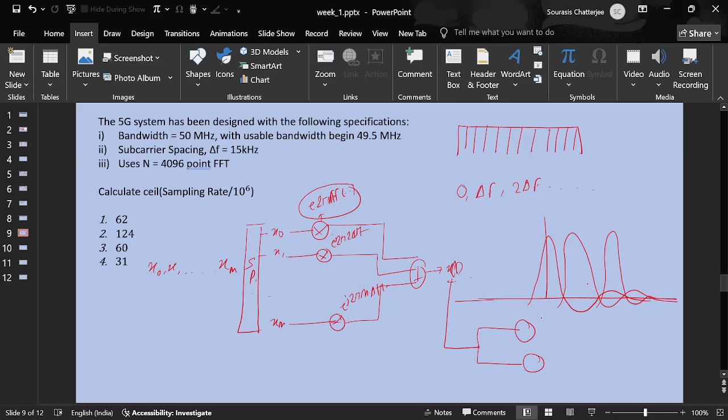Okay, so basically I am supposed to multiply with this and take the integral over one symbol duration for all of them, right? And I am supposed to get back the estimated ones, x0 hat to xm hat.